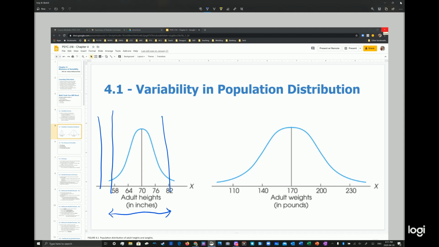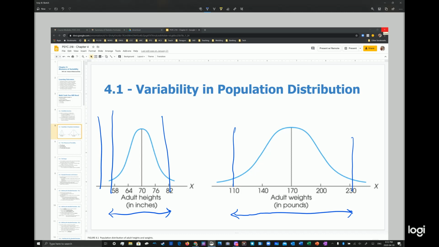This one is definitely quote-unquote thinner, has less of a spread even in numerical value. If you just look at the range, it is 82 minus 58, which is 24. And this one has a much larger range, and this is pounds. This is quote-unquote fatter, the curve wider. And the range here is 230 minus 110, so that's 120 pounds.